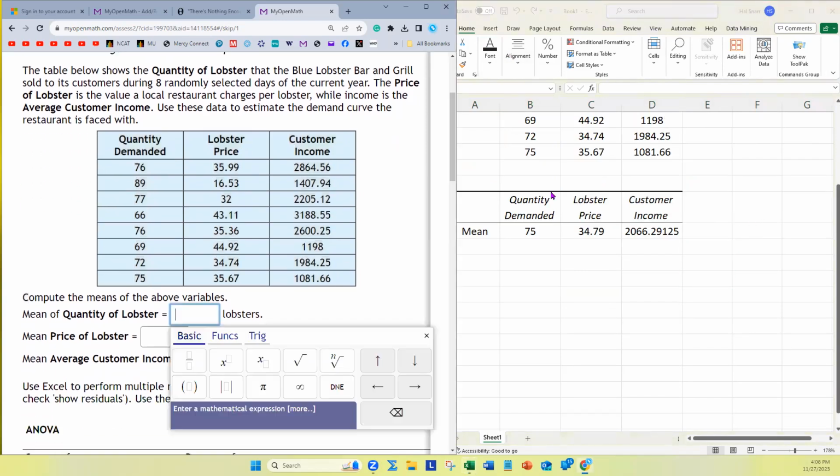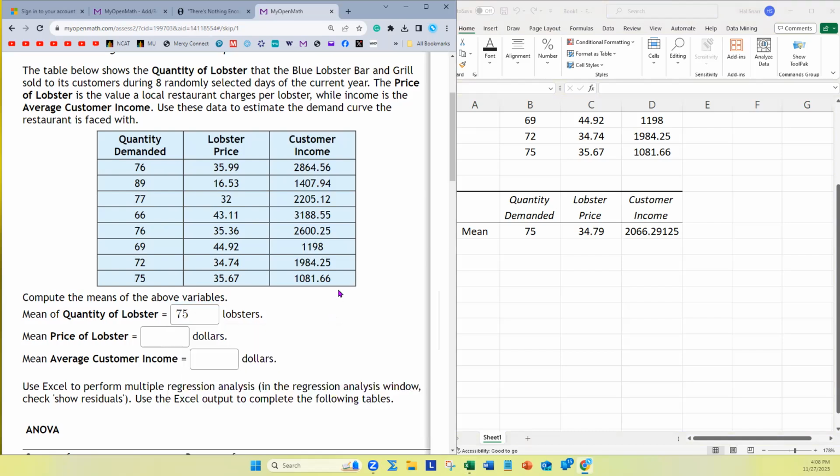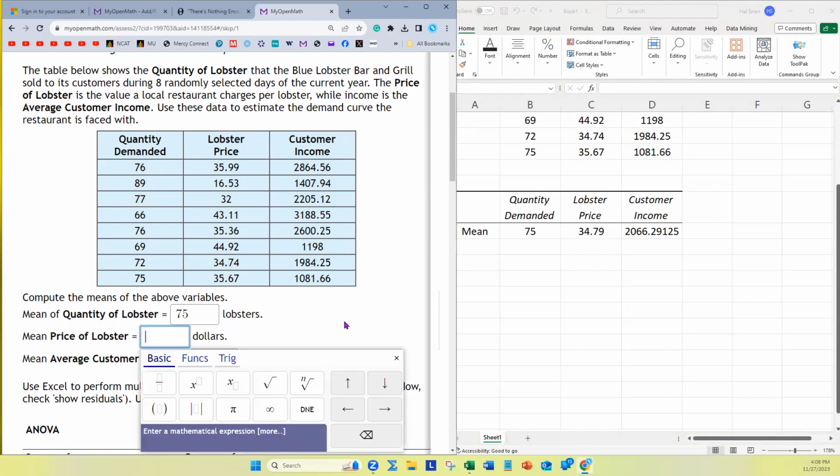So it looks like my mean is 75 for lobster. So this Blue Lobster Bar and Grill is selling 75 lobsters to its customers on average during the time period of this collection of data. The mean price of lobster was $34.79.